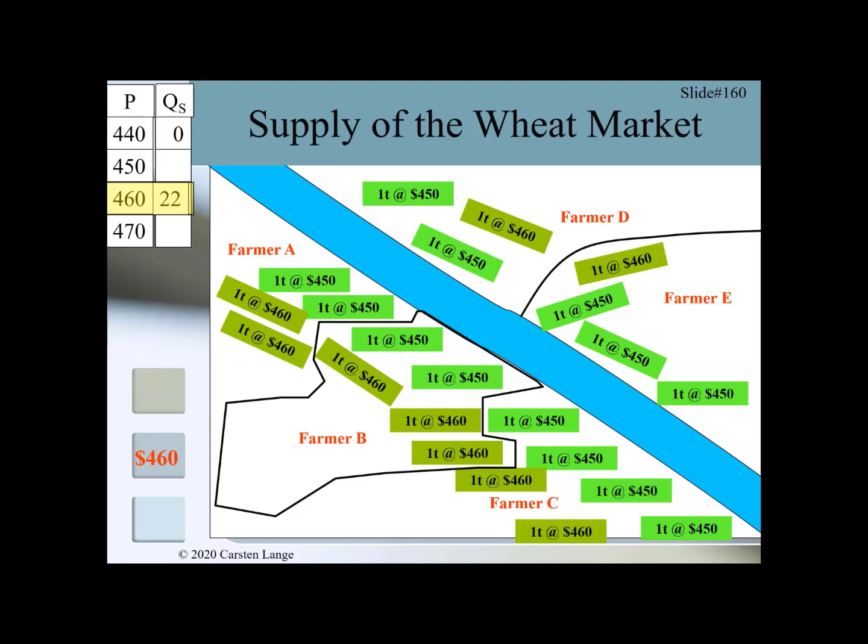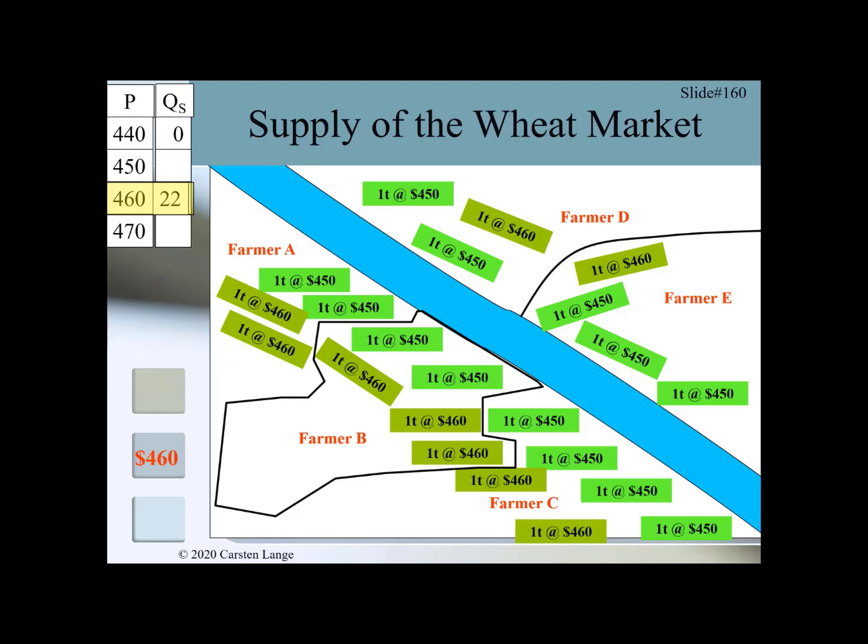Therefore, they will produce on the most fruitful fields as well as on the medium fruitful fields. There were 13 most fruitful fields and 9 medium fruitful fields in the valley, just count them, which gives a market production of 22. The supplied quantity in the market is 22 tons of wheat if the price is $460.